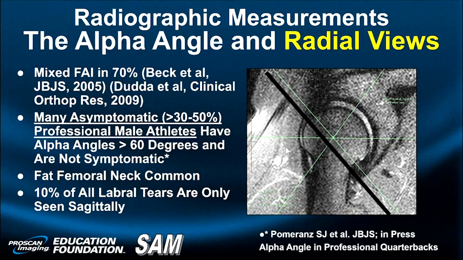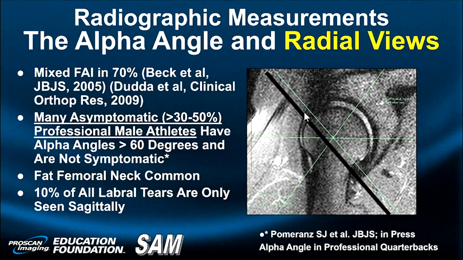Something else I like to do when I assess my hips is I like to have radial images so that I can look at the labrum perpendicularly in every projection. Now, as mentioned, many professional athletes are going to have abnormal alpha angles.